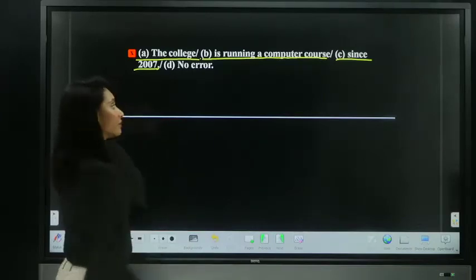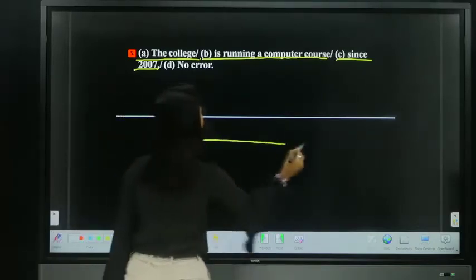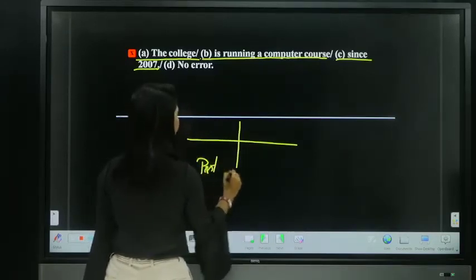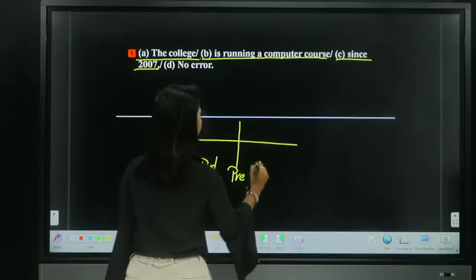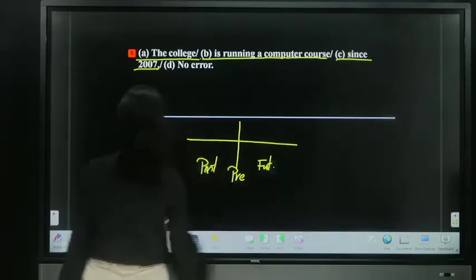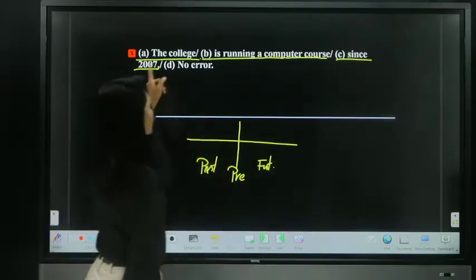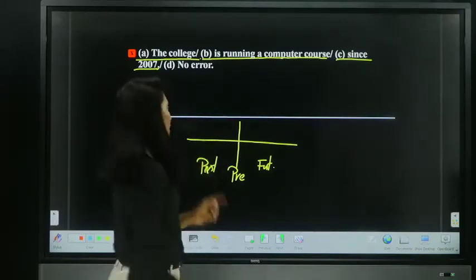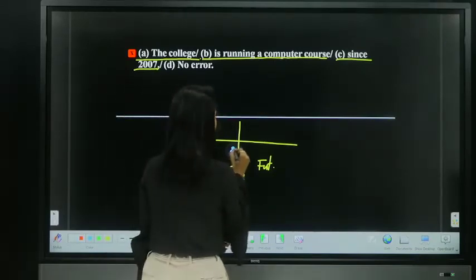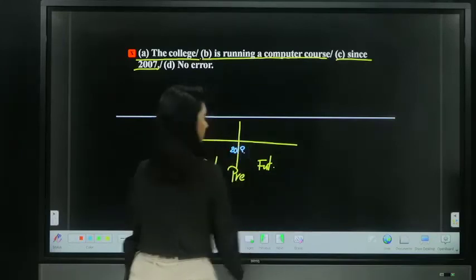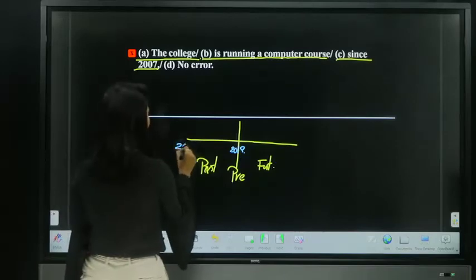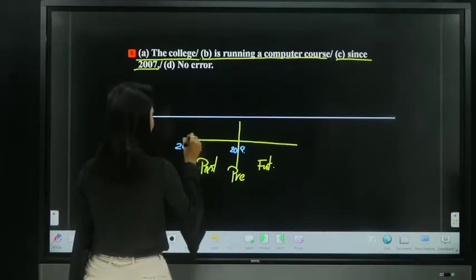So here very clearly they stated past, present, future. So what did this state here? The college is running a computer course since 2007. Now we are in 2019. We are here, and we are talking about the action which started in 2007, somewhere here.